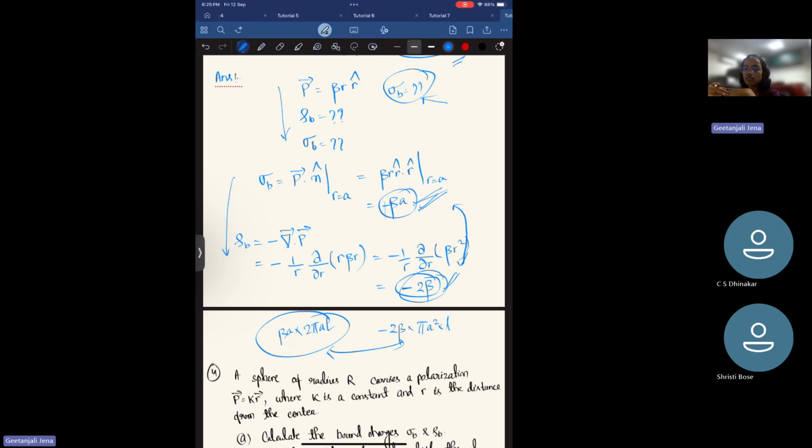Because the material was neutral before, the total bound charge should add up to 0. So the charges are opposite. Yes, the charges should have opposite sign, but the charge density values are not equal, while the total charge is equal and opposite. So I think it's clear for you now.